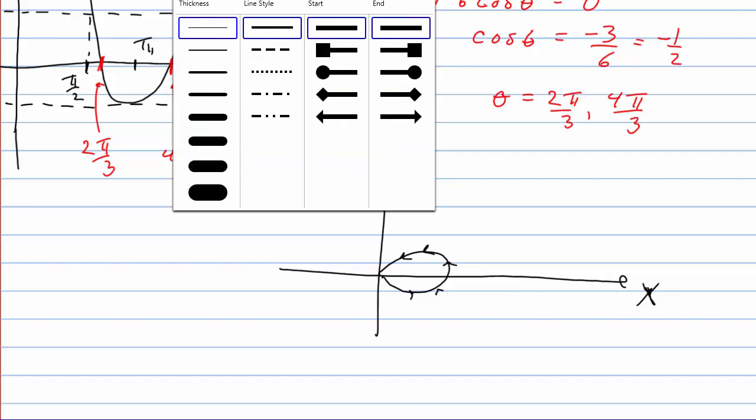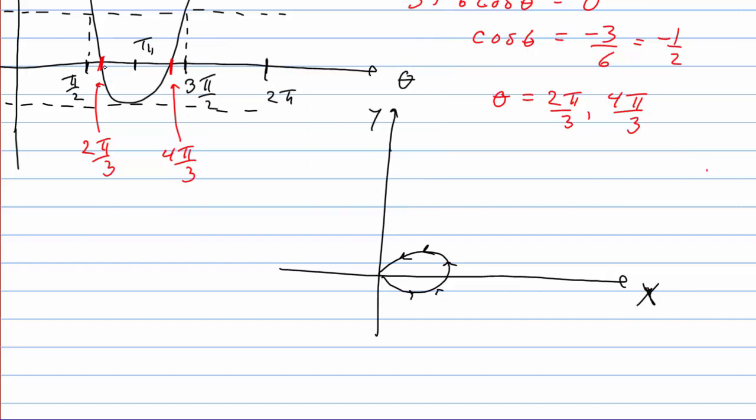Namely, this portion of the graph right here, it's in red, corresponds to the loop, and it's traced out in that kind of direction, right?